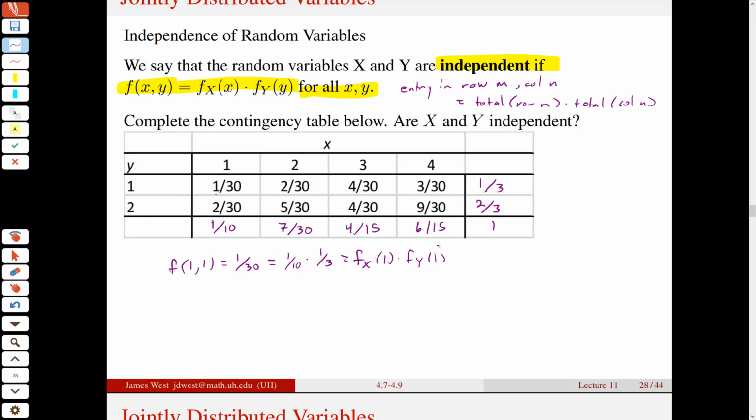But that's not enough. Does it work for all of them? If we look at f of 2, 1, we see that the entry is 2/30. But fx of 2 is 7/30, and fy of 1 is 1/3. So fx of 2 times fy of 1 is 7/90, which is not equal to 2/30.